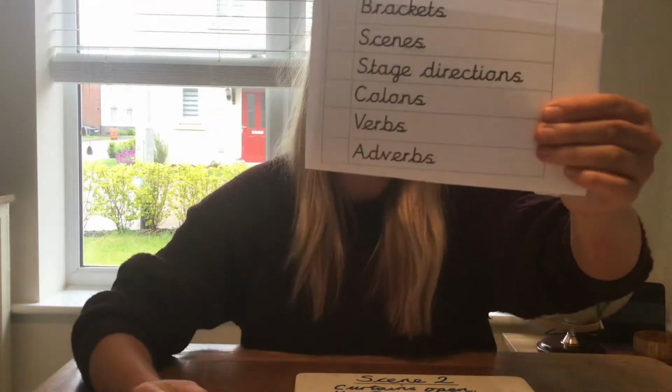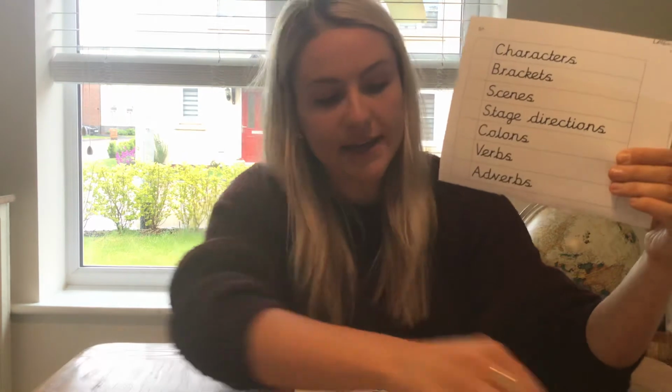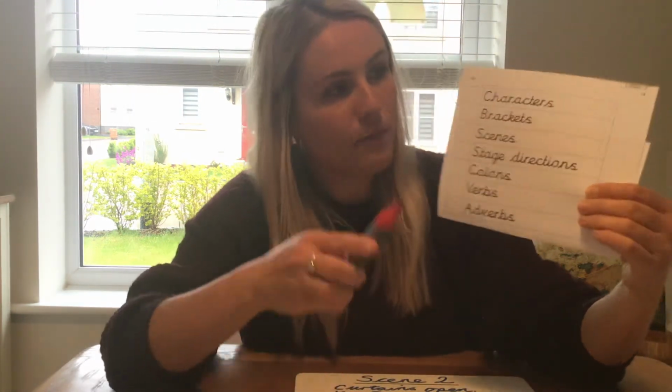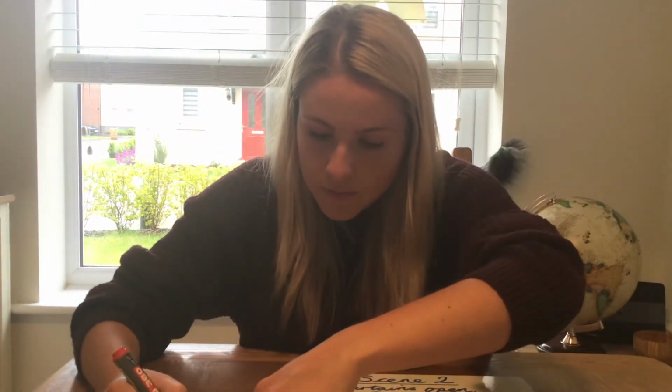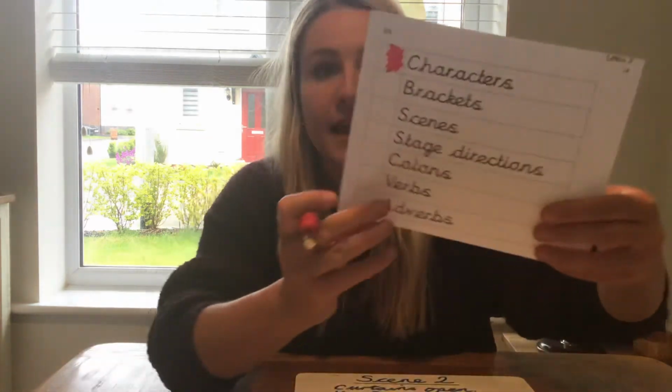So sometimes we do this at school, and you might create a little key. So you might draw yourself something like this, like I've put on the slide, and then you might colour code each thing on the list.